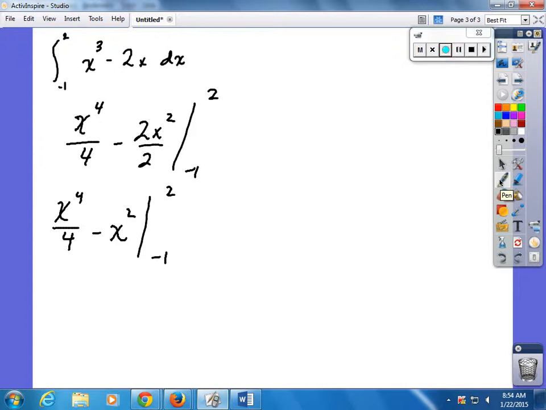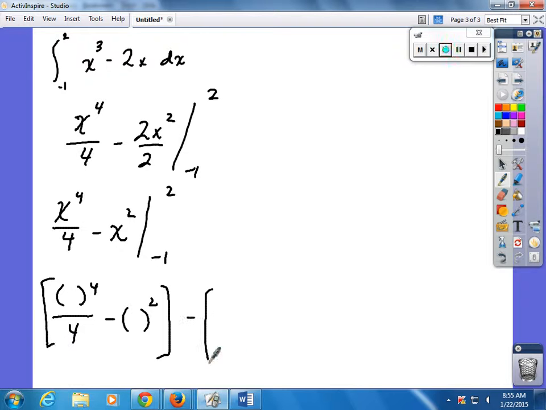And that's going to be parentheses to the 4th over 4 minus parentheses squared, brackets, minus, same thing, parentheses to the 4th over 4 minus parentheses squared. And here we're going to plug in 2. And here we're going to plug in -1.